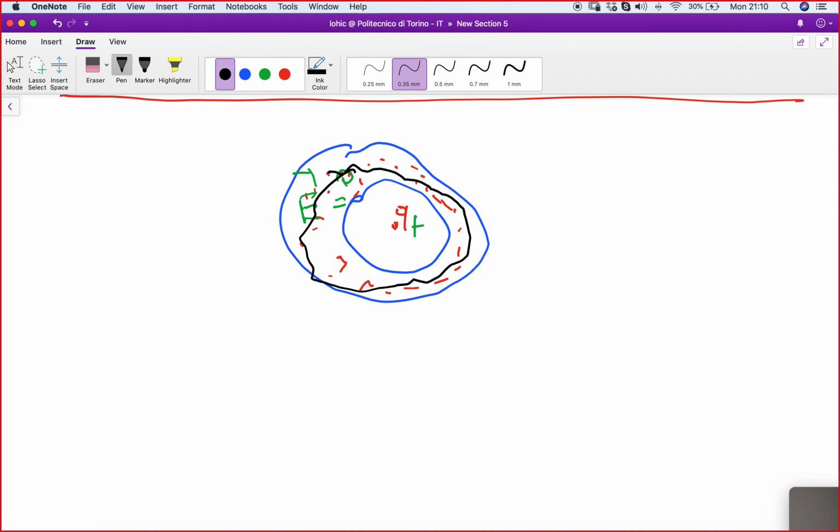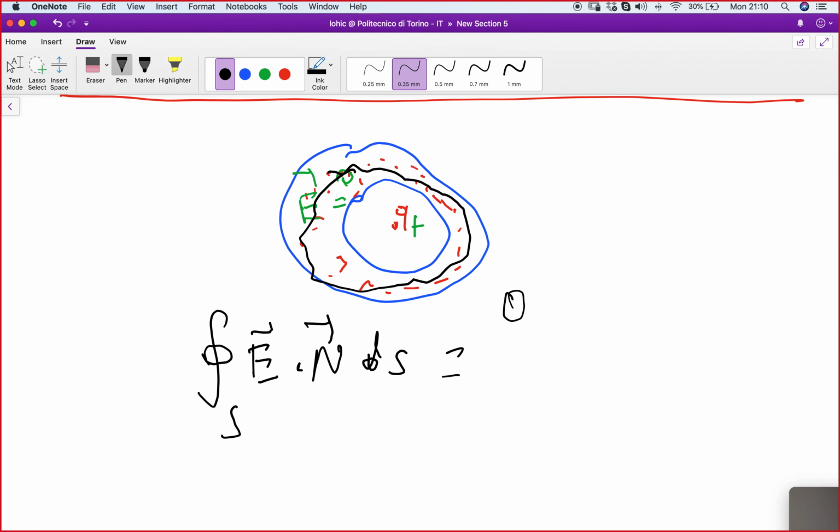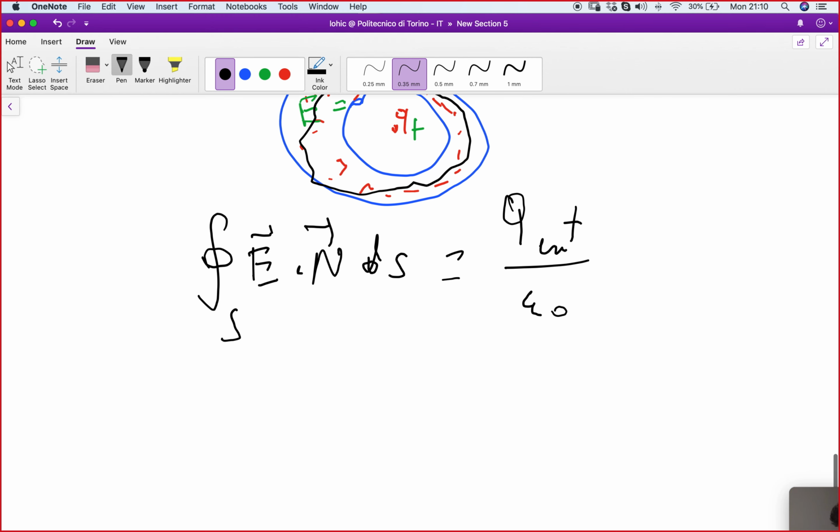We know that the flux through the black surface, yes or not, should be equal to the internal charge of the black surface divided by epsilon 0, yes or not? And thus this will mean that the flux through the black surface... what is the internal charge of the black surface here?